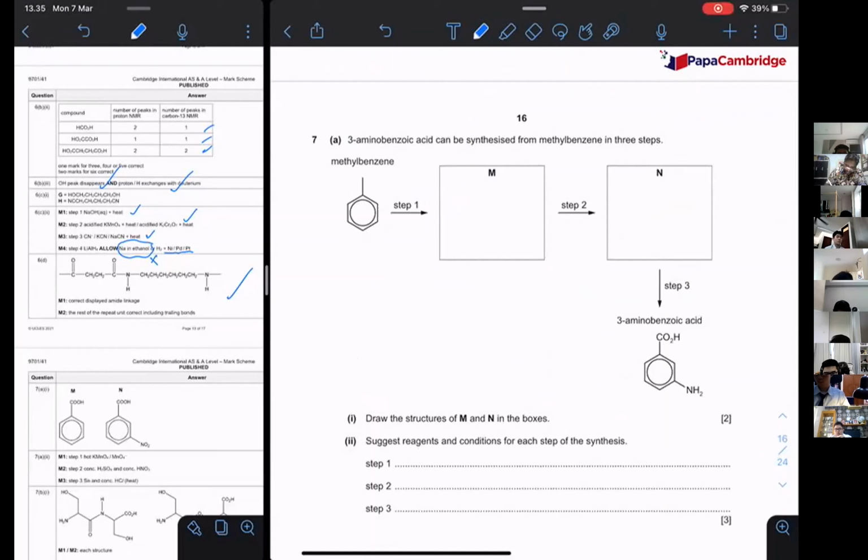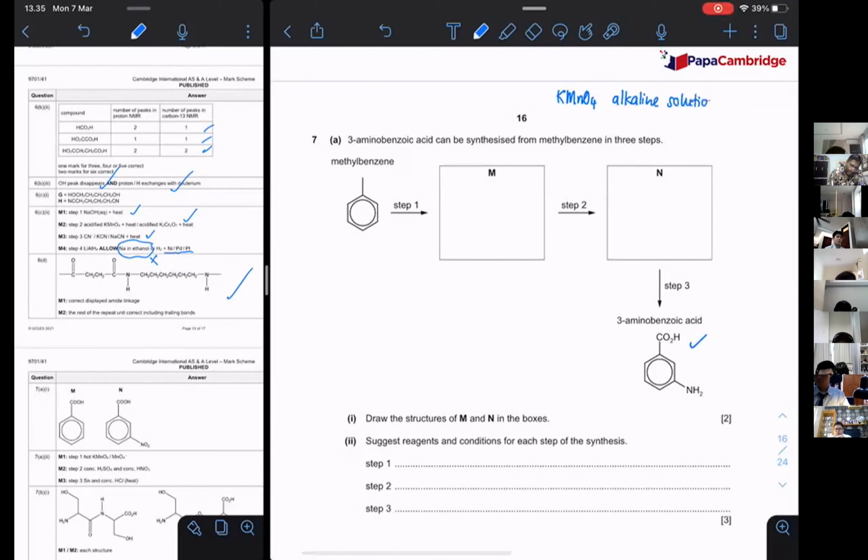The moment I see benzoic acid, I know that at one point I can just oxidize the methyl benzene. But do remember the oxidation of methyl benzene is slightly different than the normal oxidation because I will use potassium manganate, but it must be in alkaline solution.